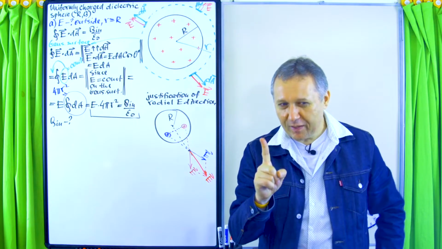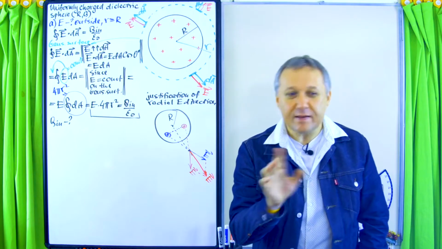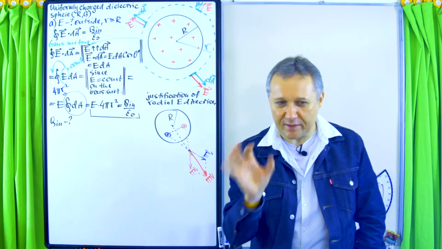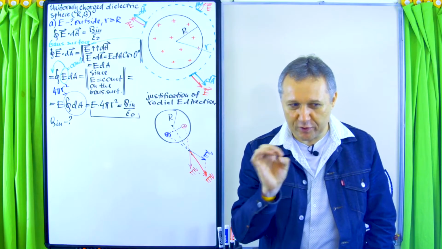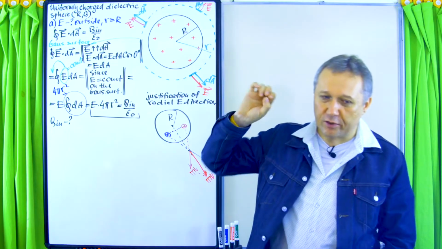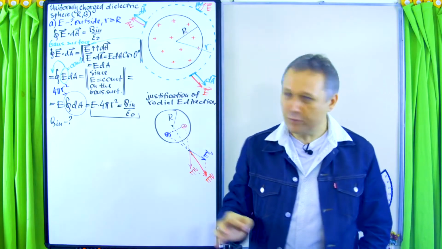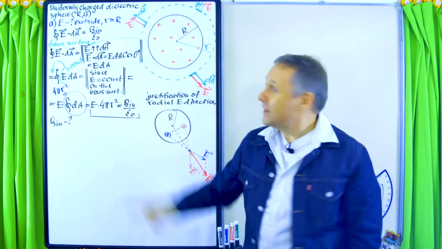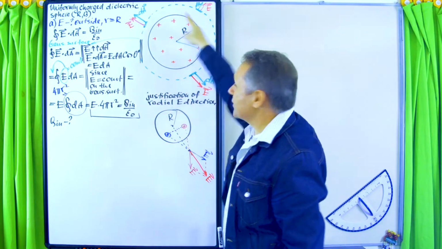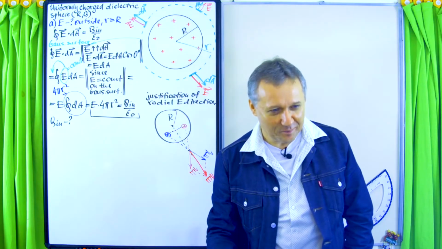And again, you remember, where those charges are doesn't matter. Gauss's law doesn't care. You remember we discussed the properties of Gauss's law. Distribution of charges doesn't matter as long as that charge is inside of the Gaussian surface. Our Gaussian surface over here, so the total charge sphere is inside.